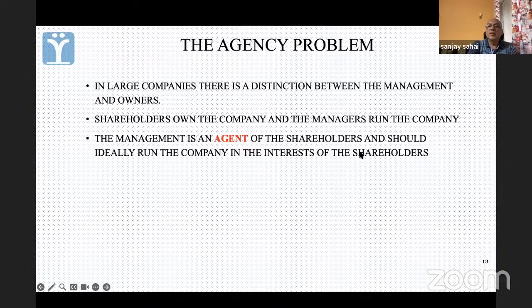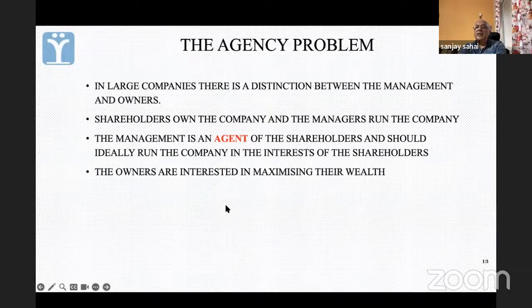Management is an agent of the shareholders and should ideally run the company in the interest of the shareholders. यहाँ पे shareholders जो हम बोल रहे हैं, I am using the word shareholders for the top shareholders, actually the promoters of the company. It is in that sense. But technically speaking, any shareholder is a part owner of the company. Any shareholder is a part owner of the company. Correct? Now, the management is the agent. Okay? Just keep this in mind.